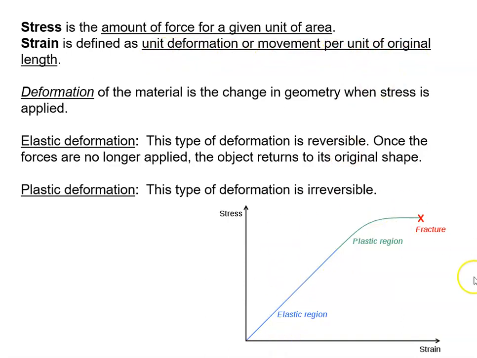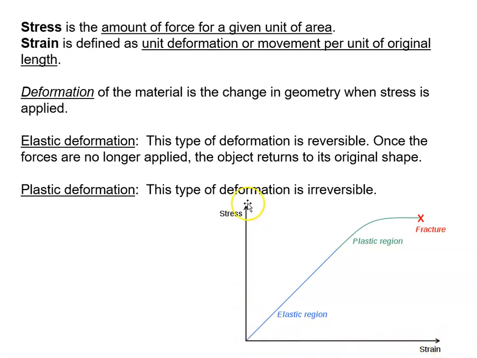Okay, so this is the stress-strain curve. This is a simple version of it, and here's the stress on the vertical axis, and then here is strain on the horizontal axis. What this is going to tell us is as the stress is increasing, what is happening to the strain.